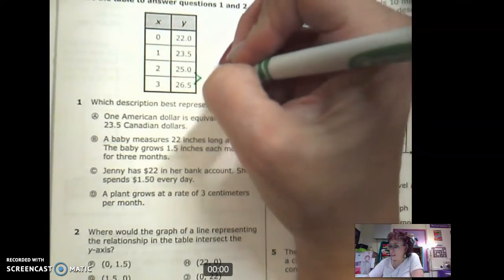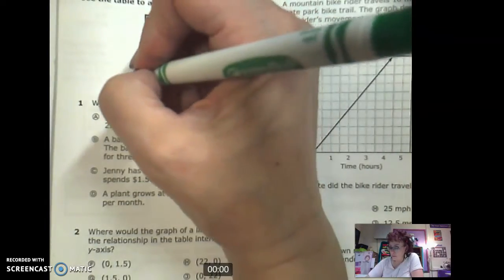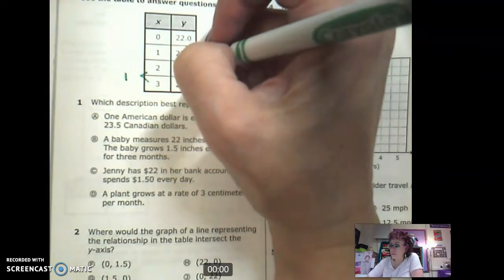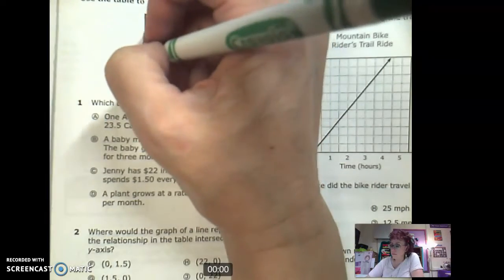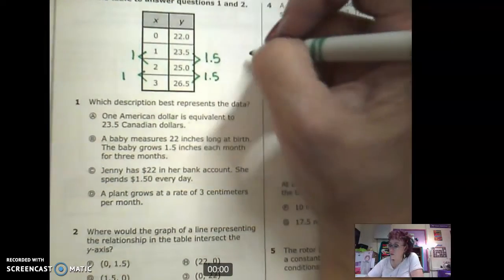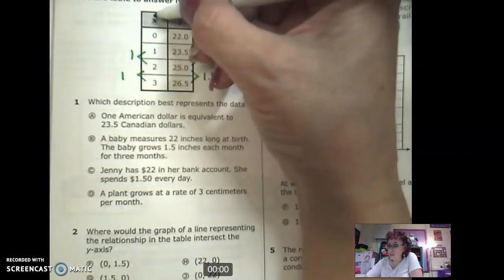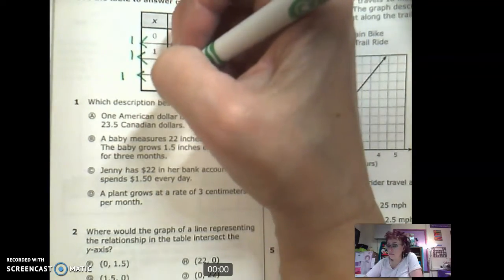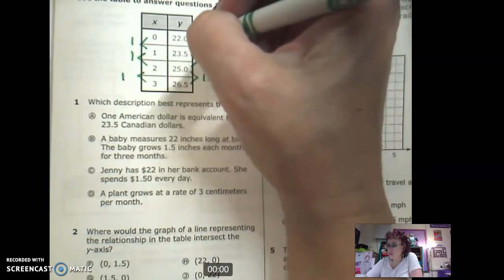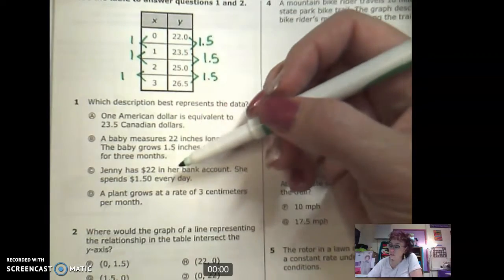Well, go ahead and find the rate of change. We've already done that, and we know that it's 1.5. So we don't even know what this stands for. We just know that something is always increasing by 1, and this is always increasing by 1.5. So here are the situations.